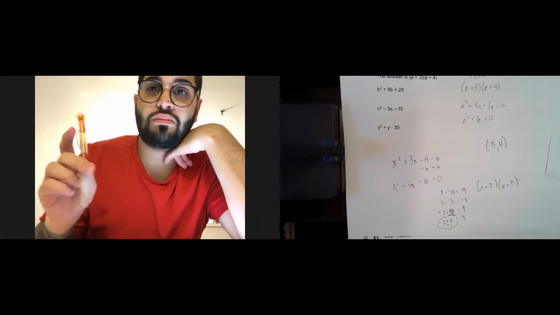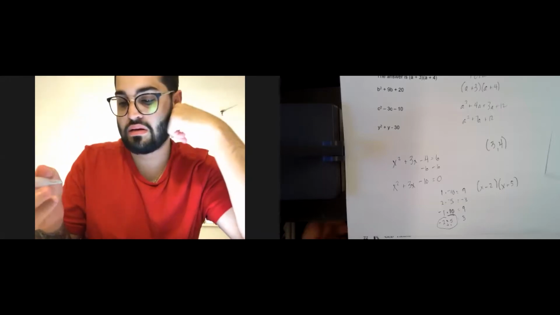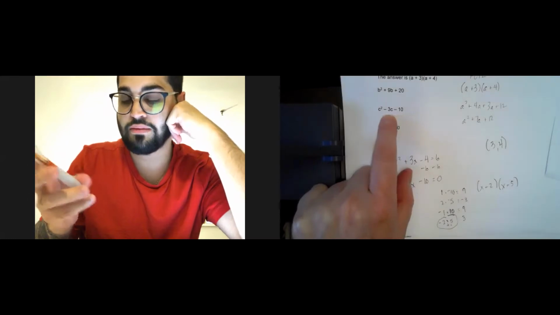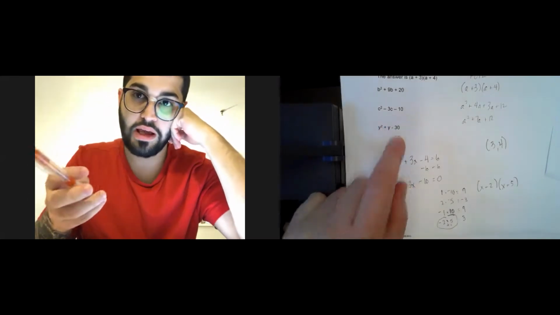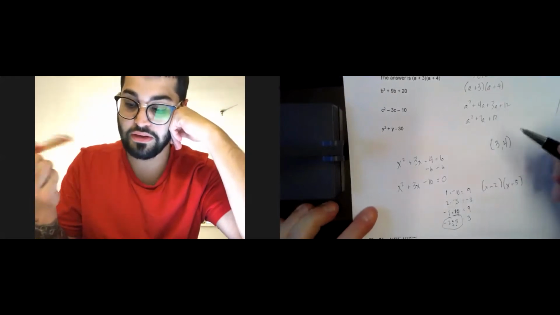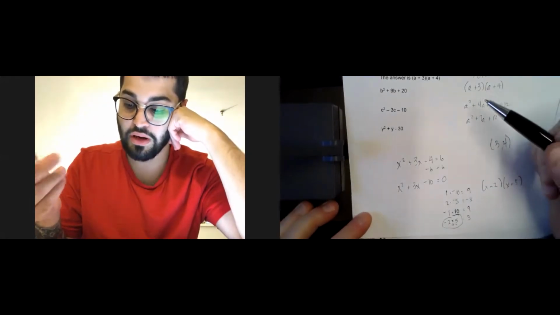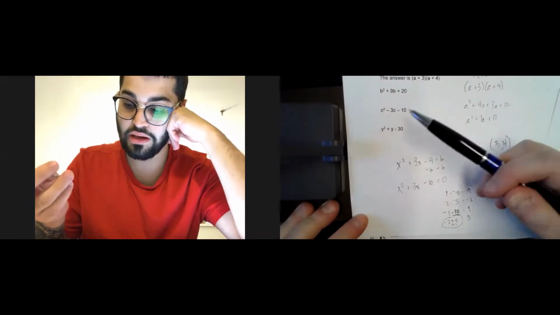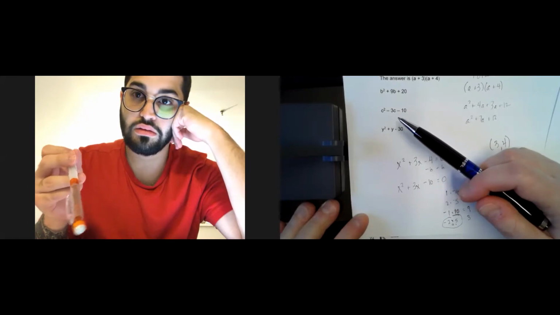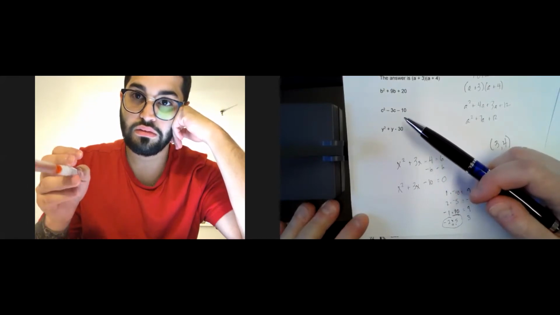What about the second one? The c squared minus 3c minus 10. I'm trying to do it, but how do I get to the 3? Because 2 times 5 is 10, but that's 2 positive numbers, and it's not going to give me 3. And in order to get negatives on both, one number has to be positive, right?